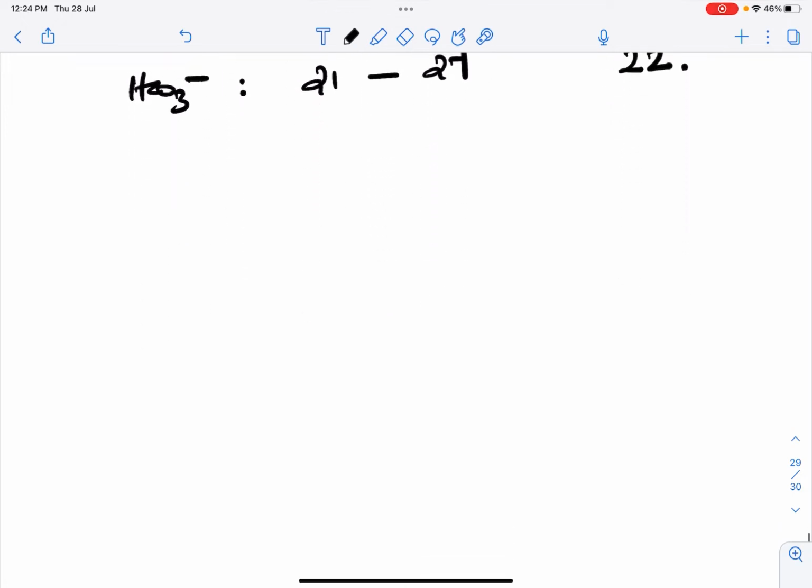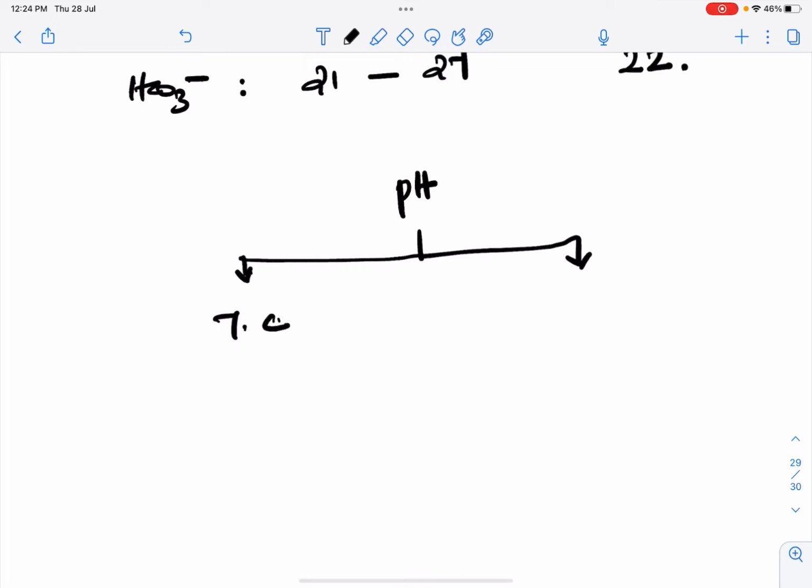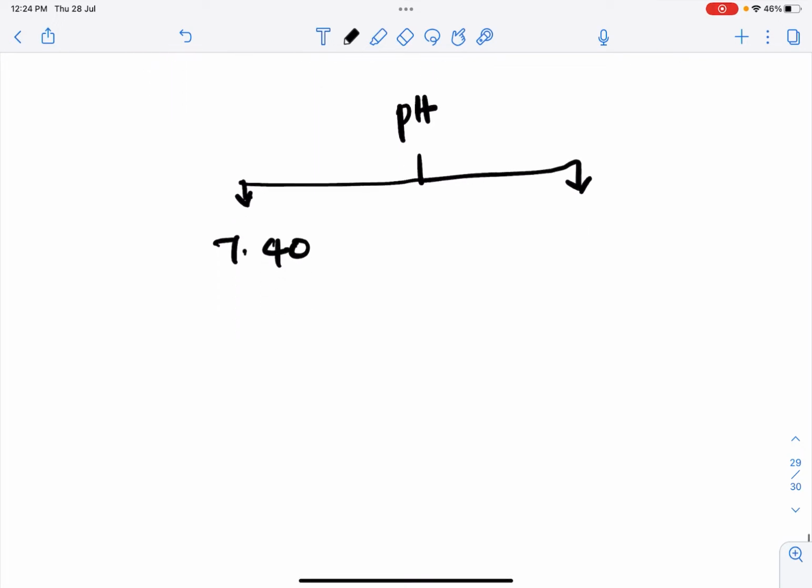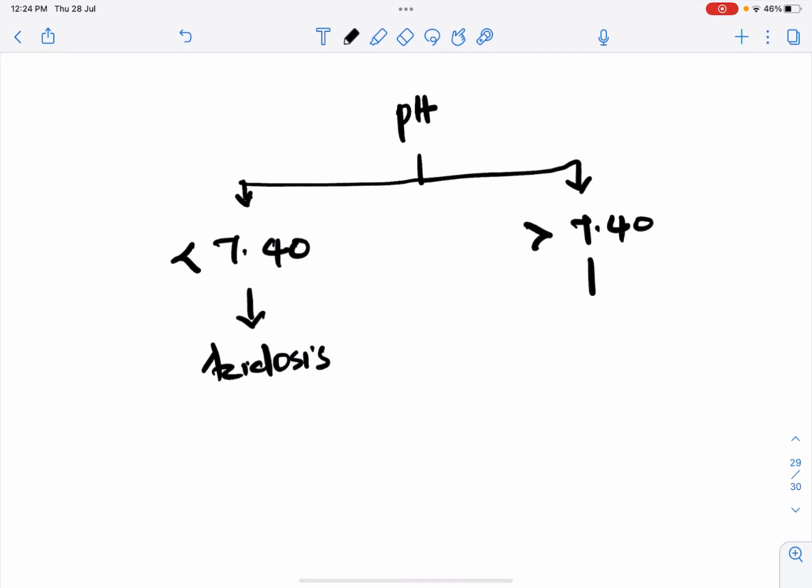So the first step of ABG analysis is to look at the pH. If it is less than 7.40, it is called acidosis. And if it is more than 7.40, it is called alkalosis.